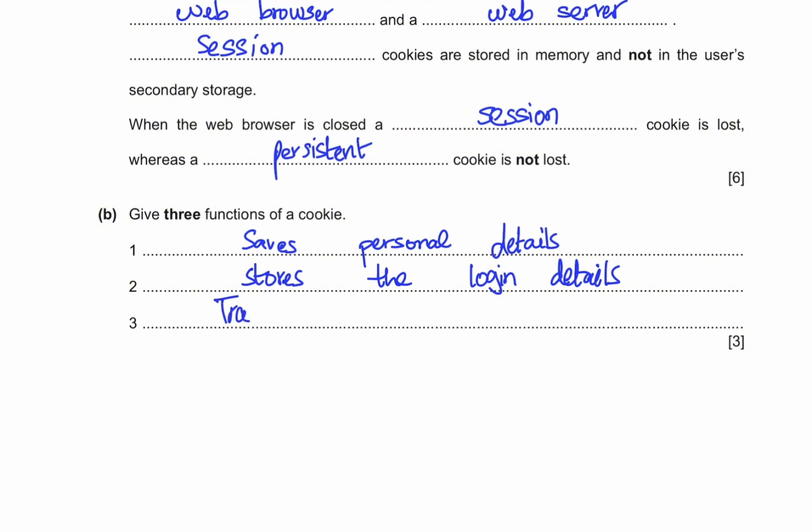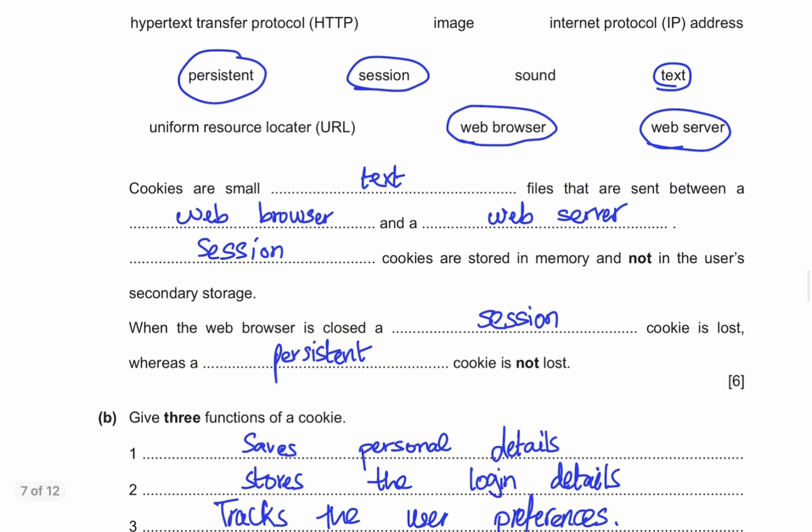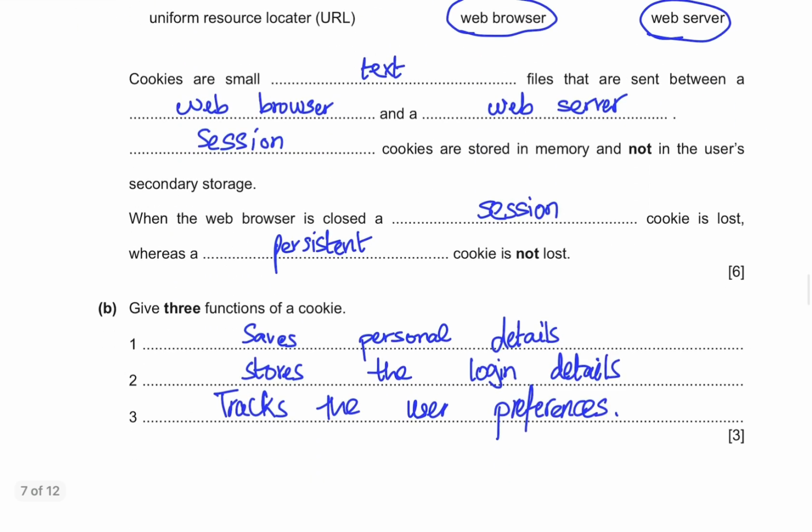Okay, pretty easy. This is a repeated question. Cookie is a repeated question. It came in the last past paper as well. So this is for 6 marks. If you go towards revise from the topic cookies, you will find it.